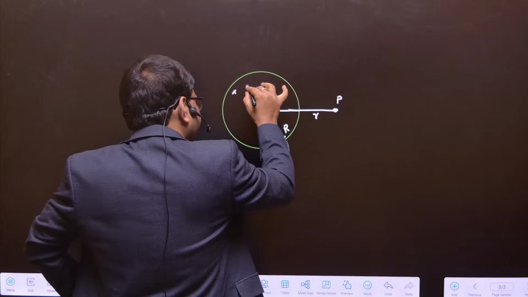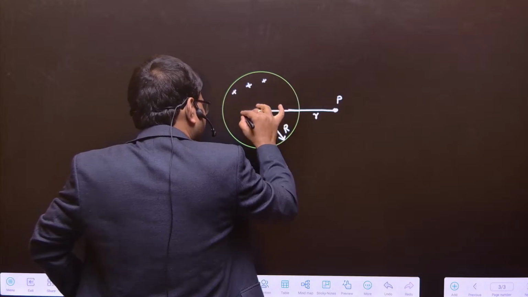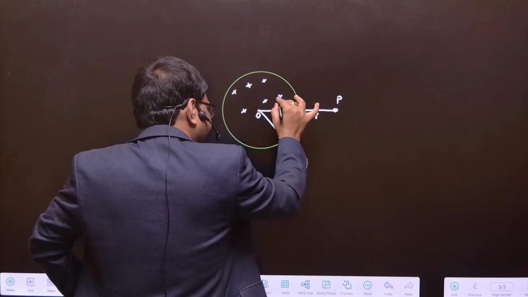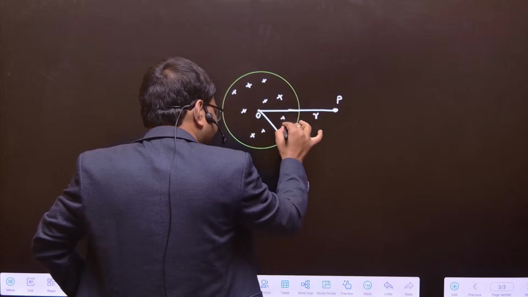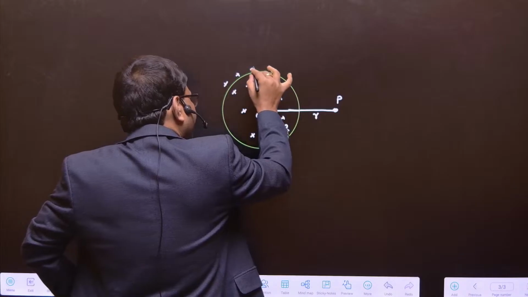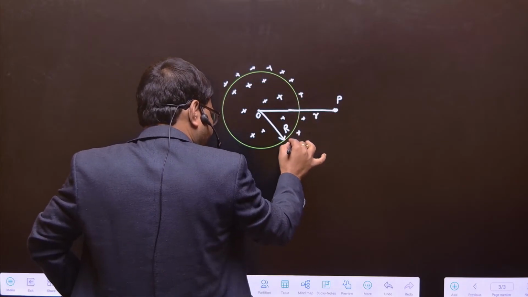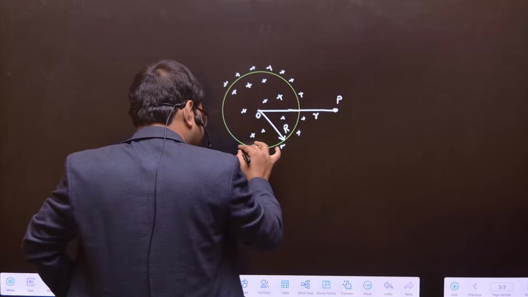And here charge remains everywhere, not hollow. In a solid sphere, at every point charge remains, as I have told previously. Plus charge remains here. Clear?